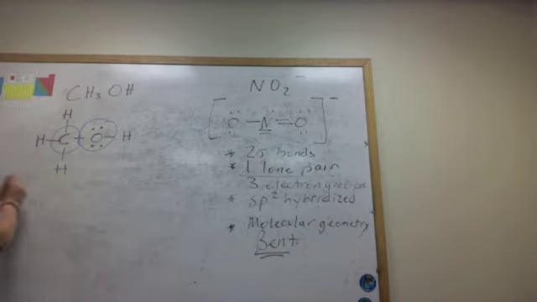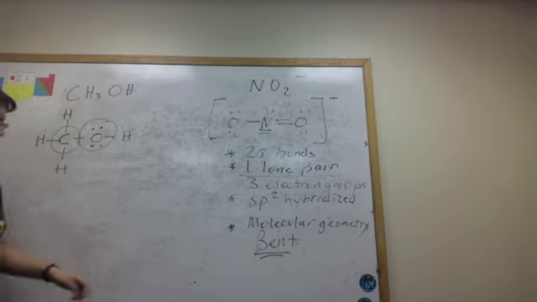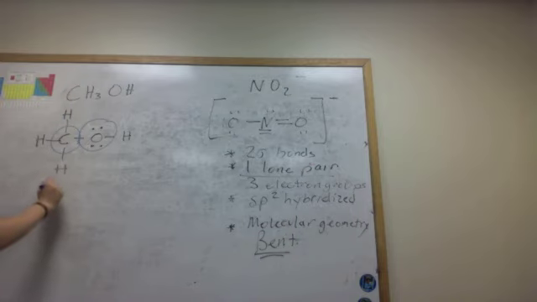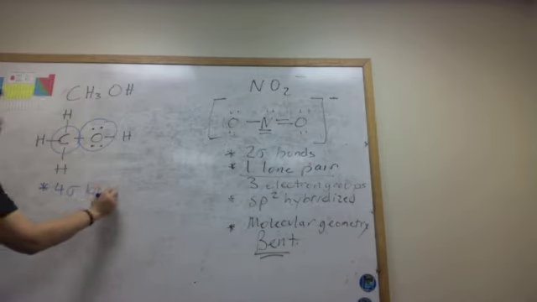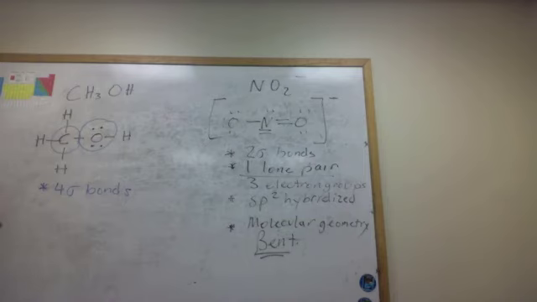For carbon, we notice that carbon has 4 single bonds surrounding it. This will correspond to 4 sigma bonds. There are no lone pairs on the carbon atom.